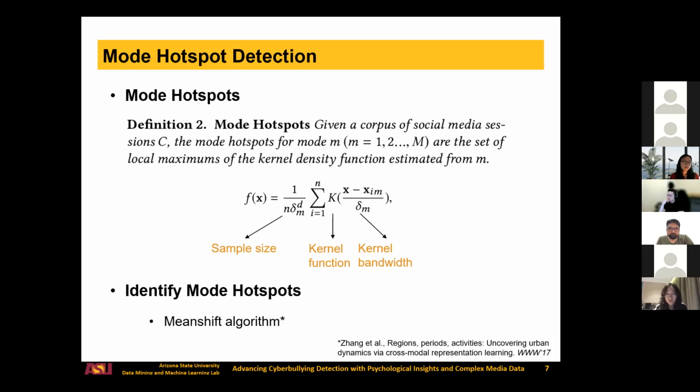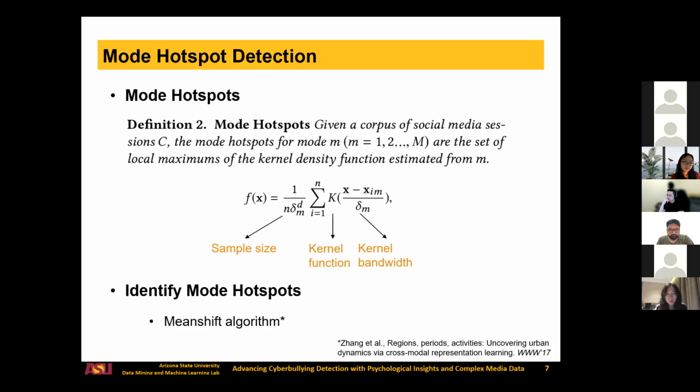That's why we have mode hotspots. We first propose this definition of mode hotspots: given a corpus of social media sessions, the mode hotspots for a mode M, which can be the image or the location, are the set of local maximums of the kernel density function estimated from this specific mode.